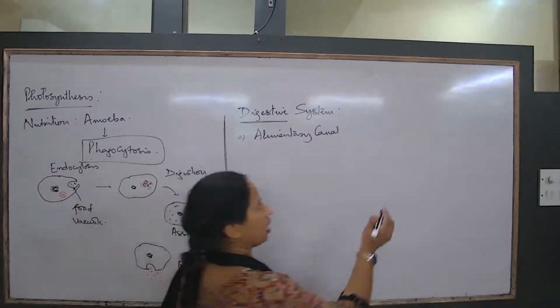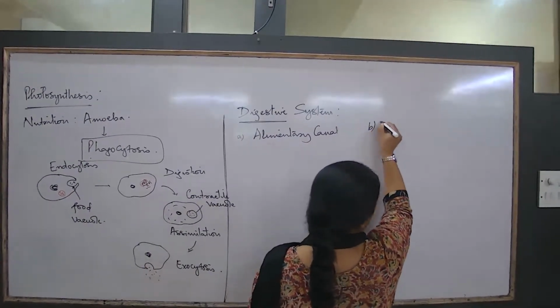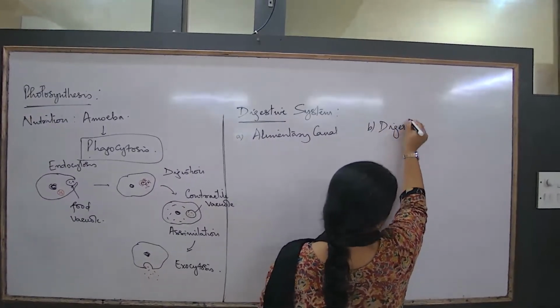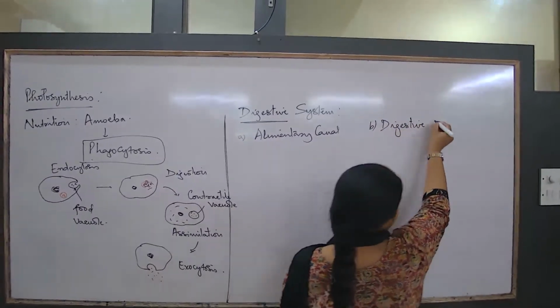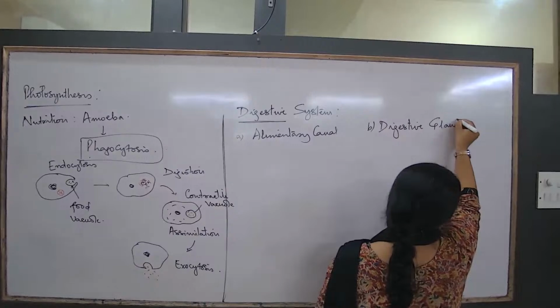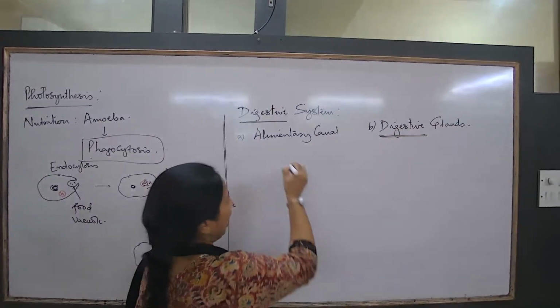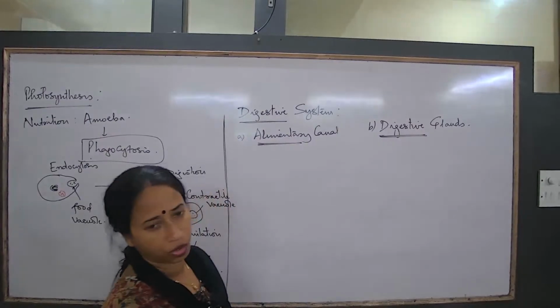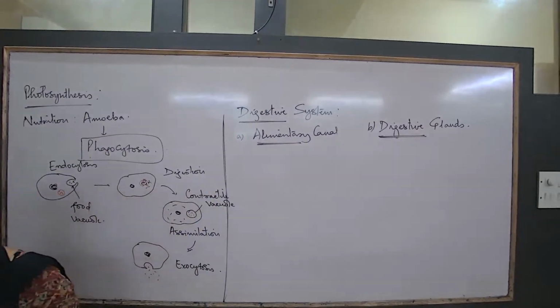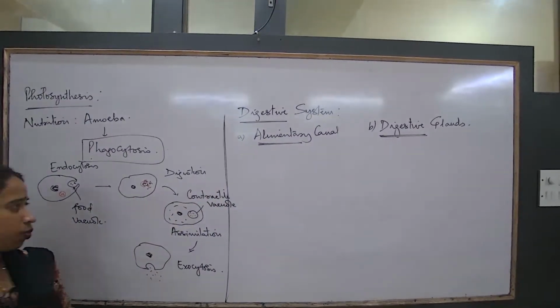The other set of organs are known as digestive glands. Now we have to know the names of each of these. If it is the alimentary canal, which are the parts we are talking about?